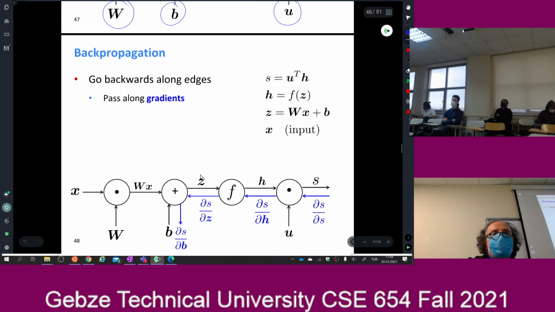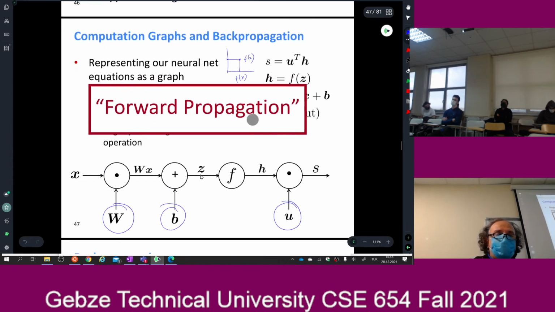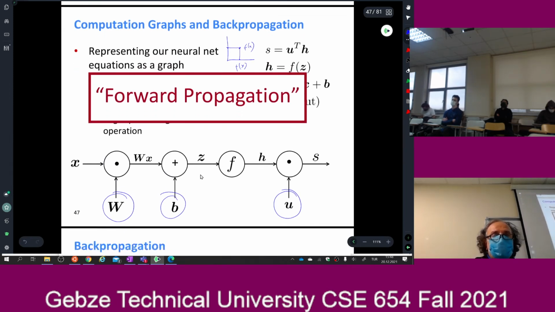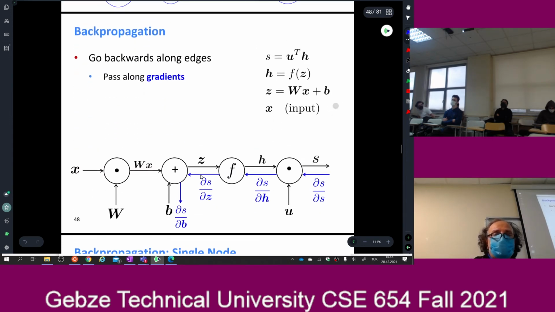So forward propagation is just feeding that information and getting results. Back propagation is through the gradients. You are feeding the gradients backwards so that I can calculate this one, this one, and this one. Once I calculate them, you know the formula.